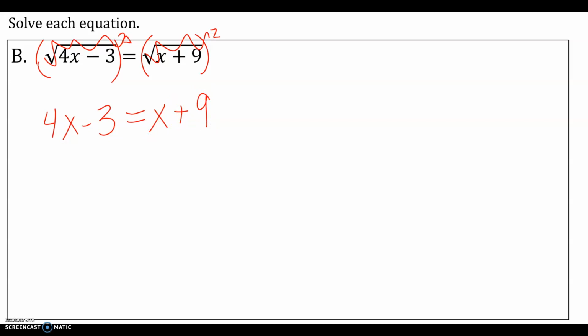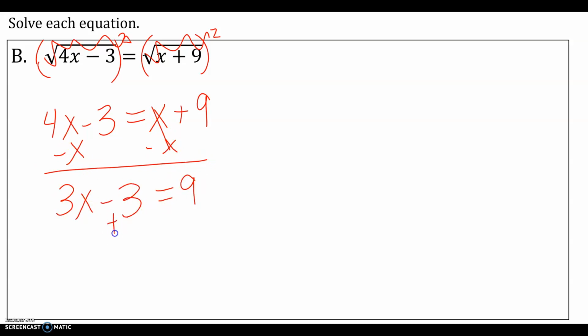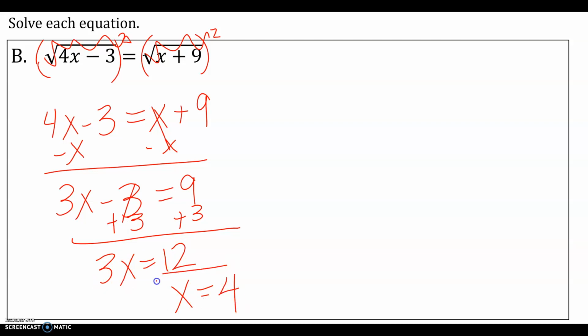Again, solve for x. Could certainly do it a different way. 3x minus 3 equals 9. Add 3. 3x equals 12. Obviously, I shouldn't have to show you the last step. x equals 4.